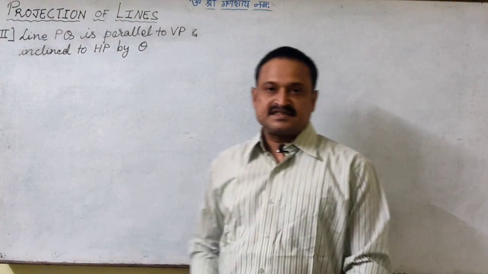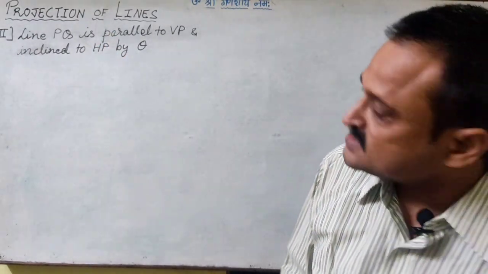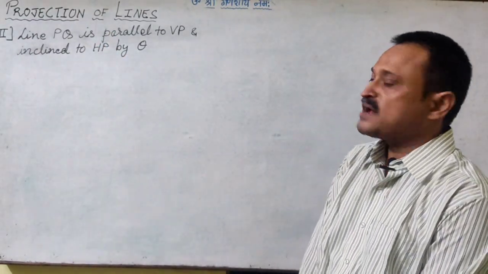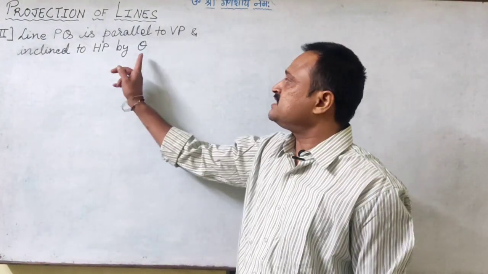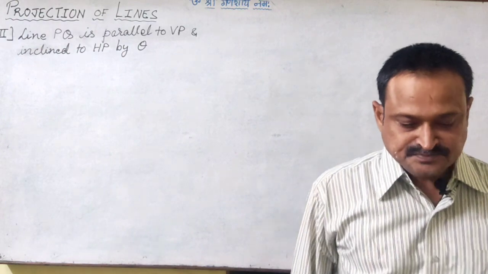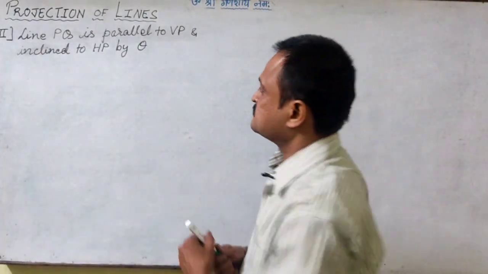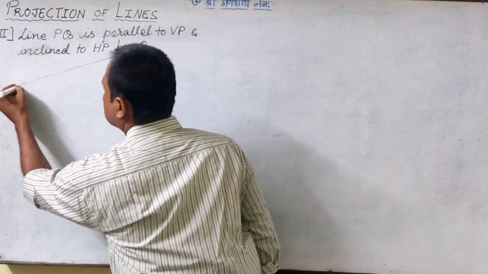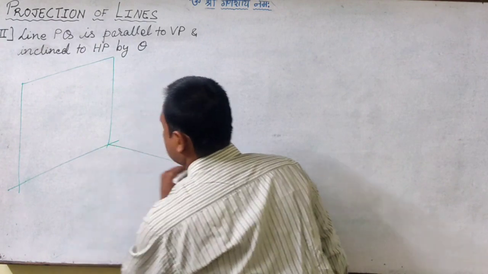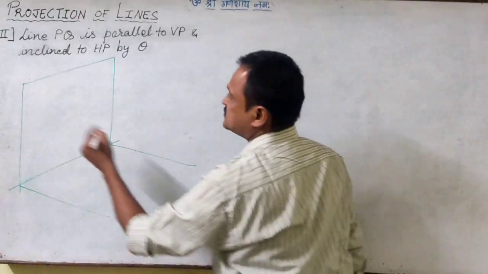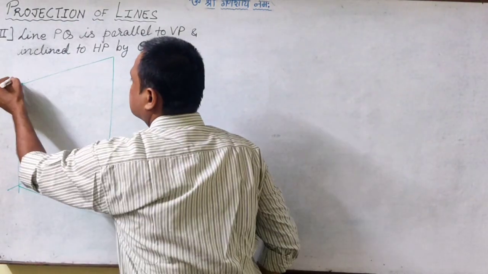So let us see the second case where we consider a line PQ which is parallel to VP and inclined to HP by some angle theta. Right? So again, let's see. This is the vertical plane.